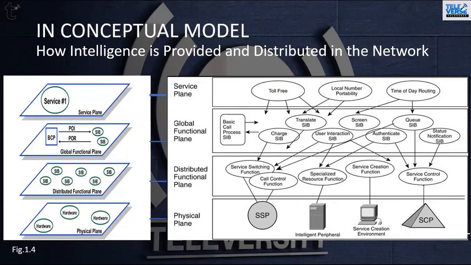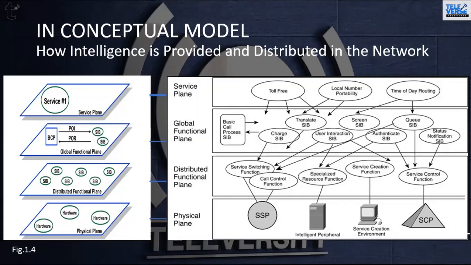So for example, you call and then you hear, please press 1 to whatever, press 2. It's a user interaction, it's interacting with you. Those kinds of announcements that you hear are a specialized resource function, which sits on the intelligent peripheral. So the program responsible for that is the user interaction SIB.